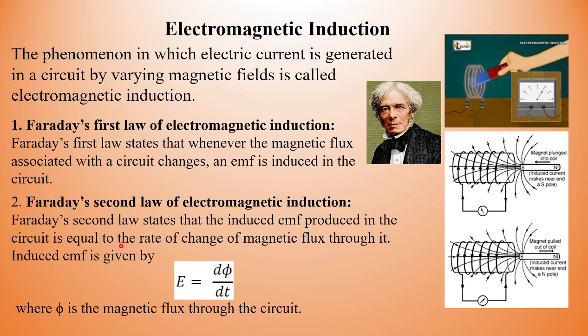If phi is the magnetic flux through the circuit, then E is equal to d phi by dt. That is Faraday's second law, and it gives an idea about how much EMF is induced during this electromagnetic induction.